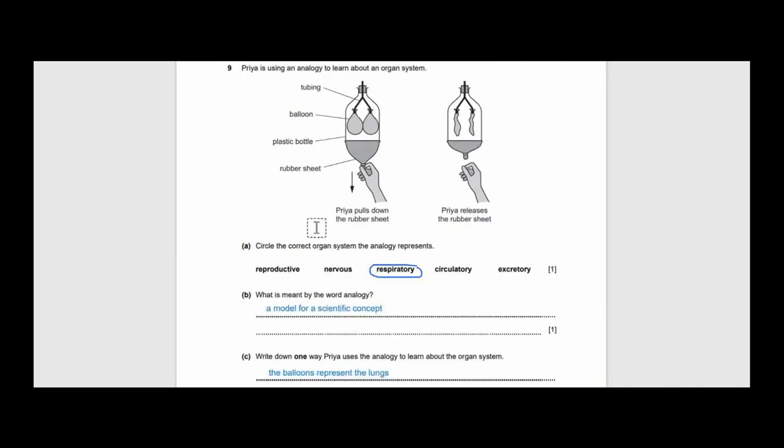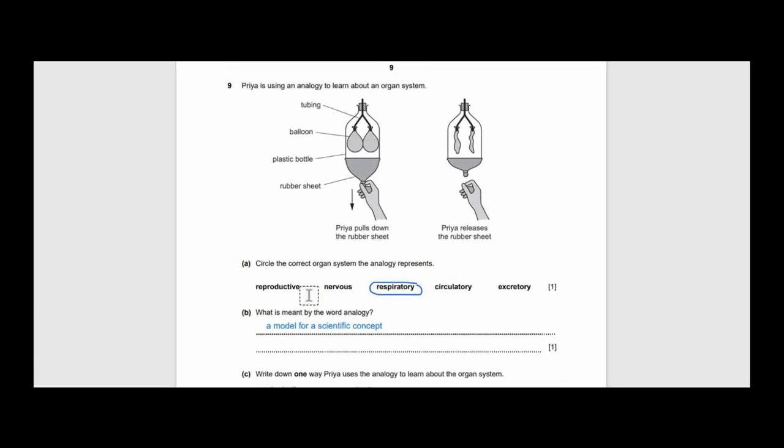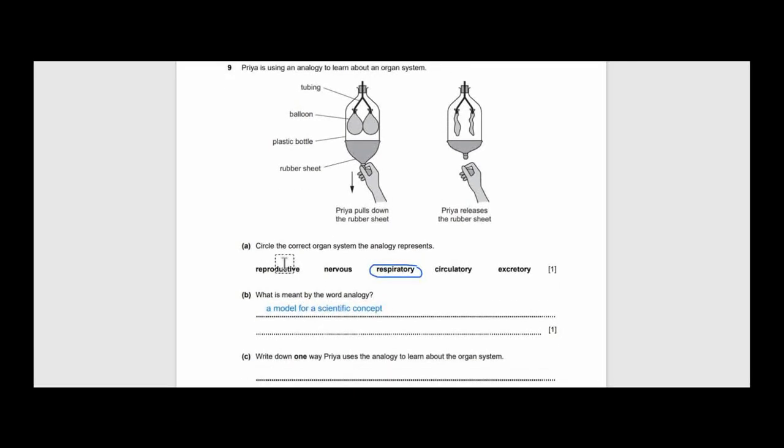Next, question 9C. Alright, sorry. So question 9C, write down one way Priya uses the analogy to learn about the organ system. 10 seconds. Alright, let's see the answer.